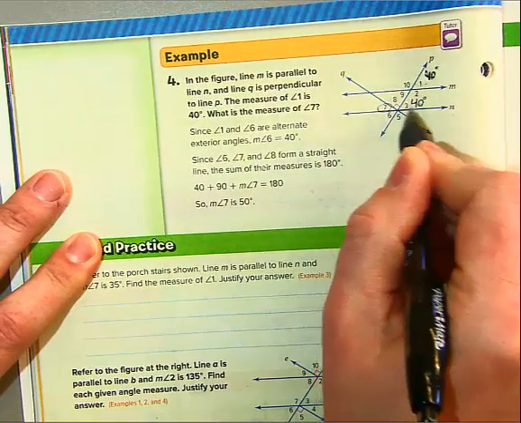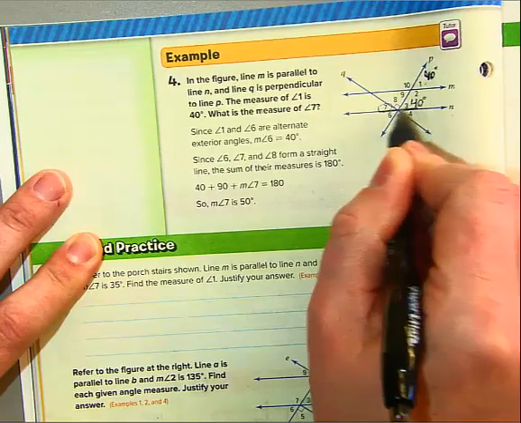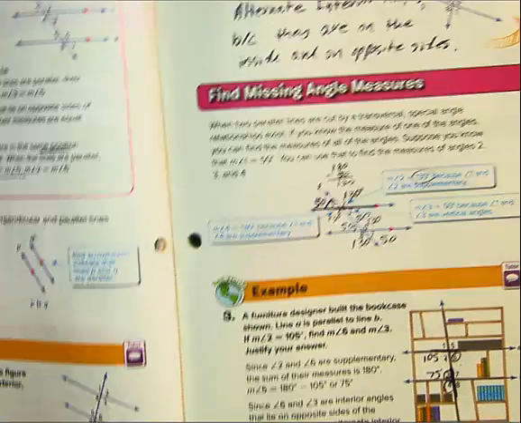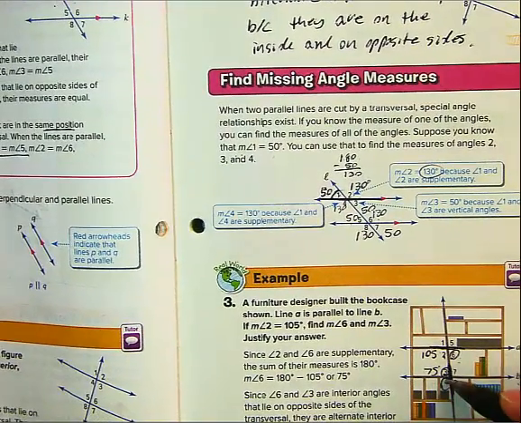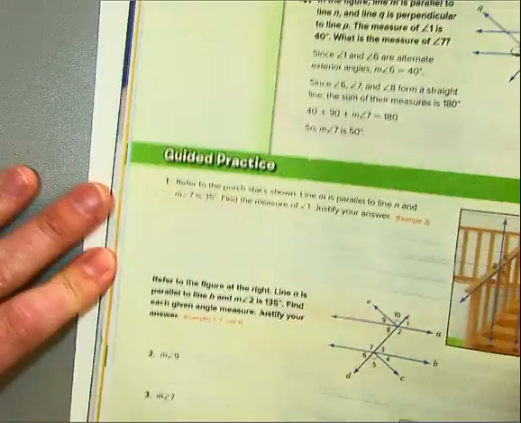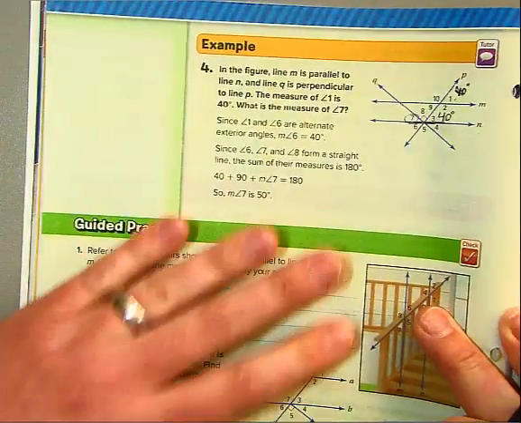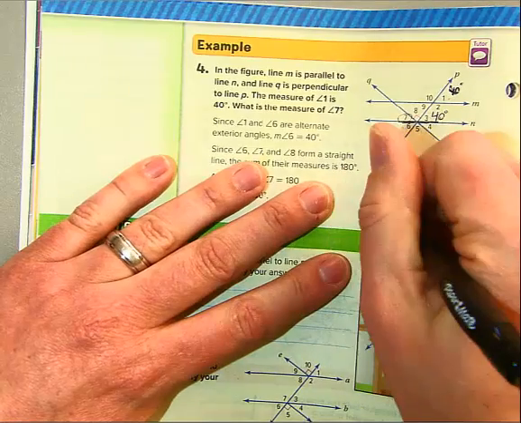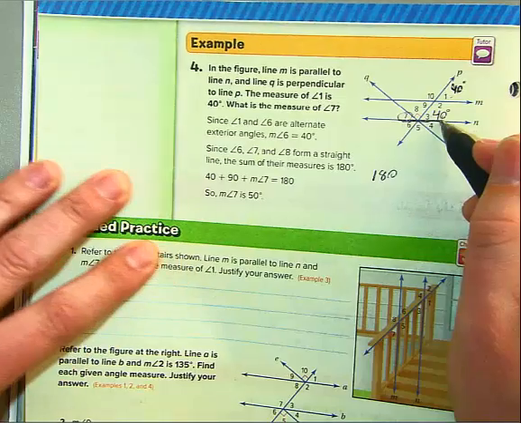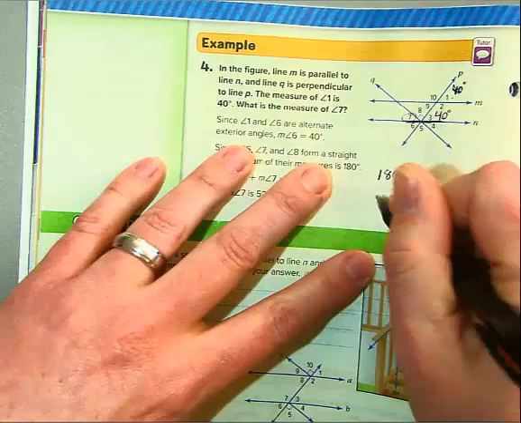And then you see a straight line. Well, on the previous pages, when we dealt with the straight line, we just had to subtract one number here, okay? But on this page, notice what happens. We know we have a straight line here, so we know the total is 180. Well, this takes up 40 of it, so we subtract 40.